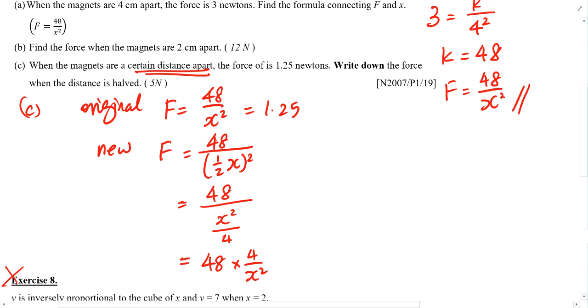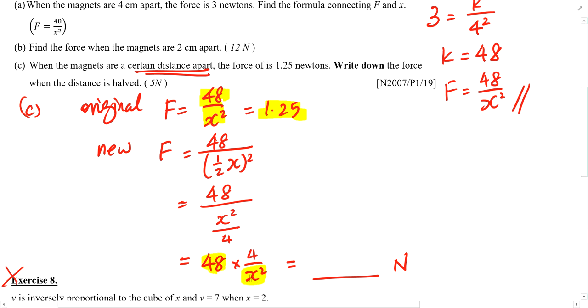Now, are you able to tell me what the final answer is? From here, you should be able to tell already. Let me highlight what is important. 48 over x squared is 1.25. Do you see a 48 over x squared in your second last working? You can see, right? 48 divided by x squared.